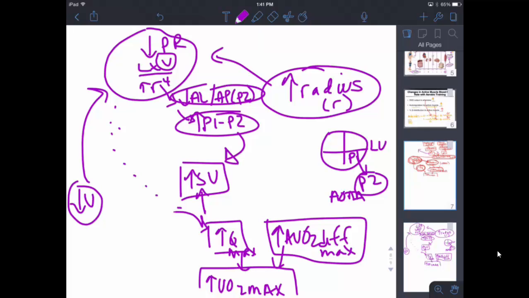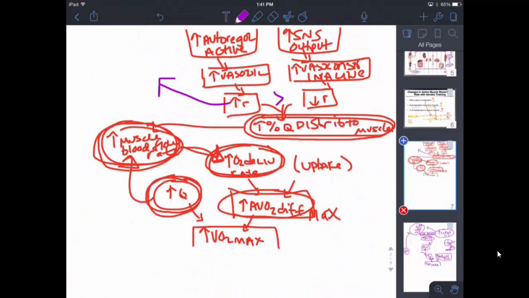Okay. So coming off of this increase in radius, it's going to contribute to a greater distribution of blood flow to muscle, but it's also going to contribute to a greater stroke volume through peripheral resistance.